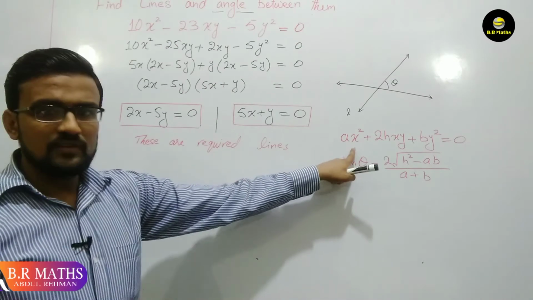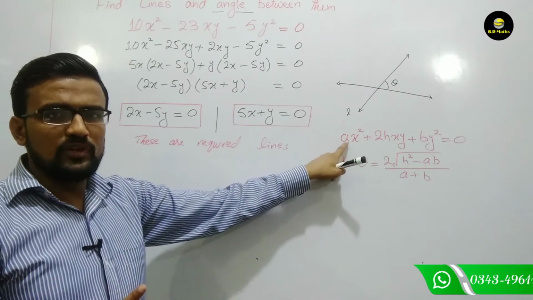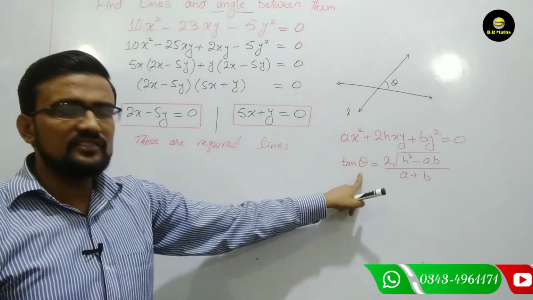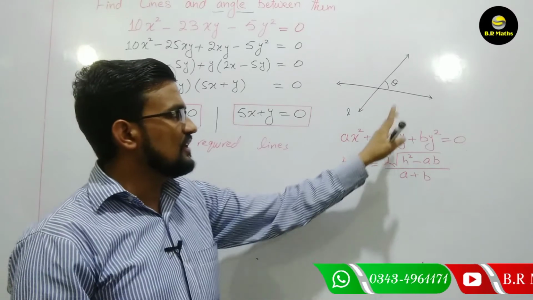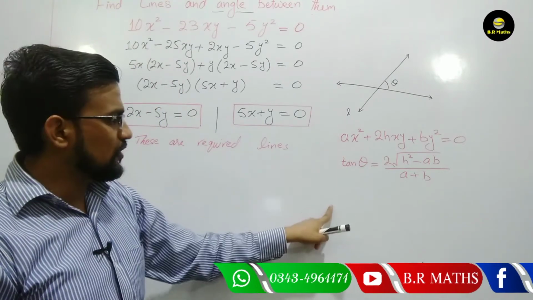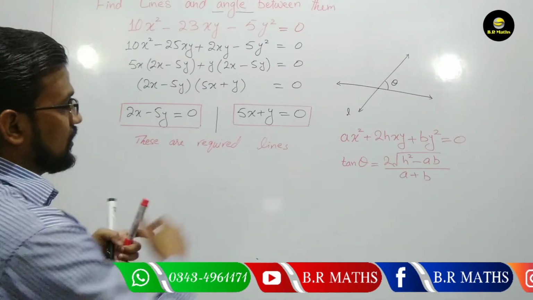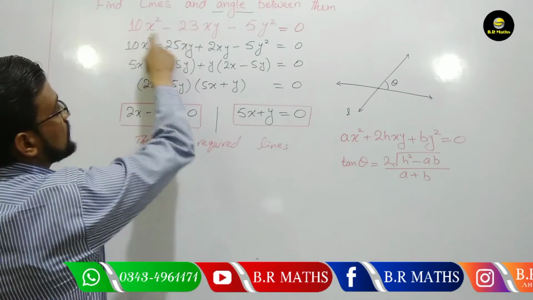This is the standard form of a combination of two straight lines, and this is the formula for the angle between these two lines.